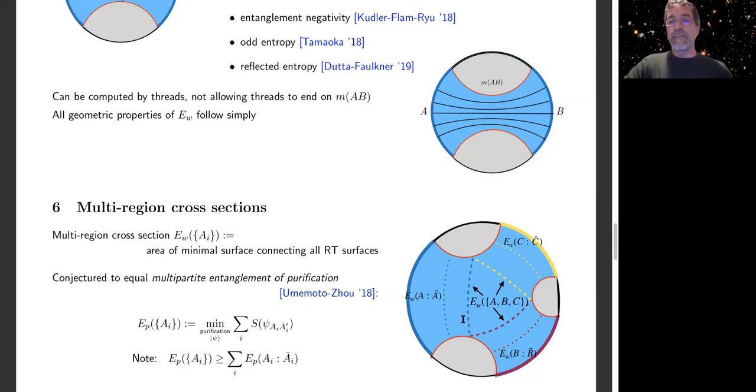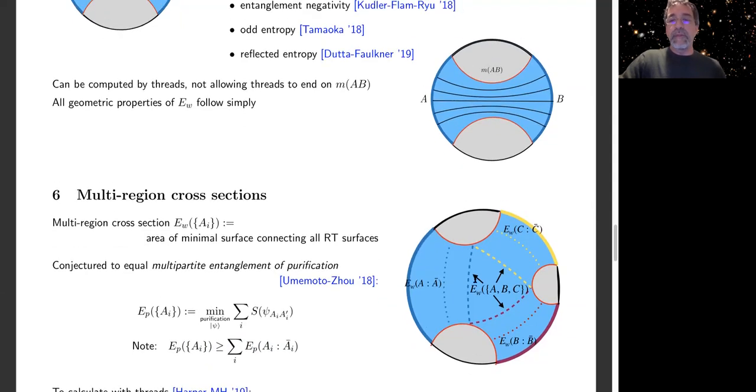Because I've added an extra constraint in the definition of this three-way entanglement wedge cross-section, it must be larger than the sum of the dotted ones. Topologically, they're the same, except that I have the extra constraint, and since I'm doing a minimization, if I add a constraint, it's going to raise the minimum value. So at least this property is obeyed by the entanglement wedge cross section.